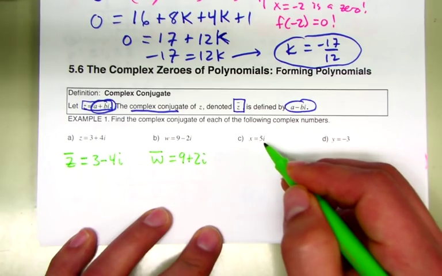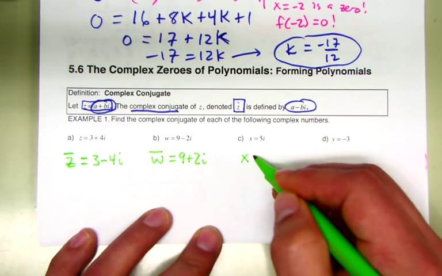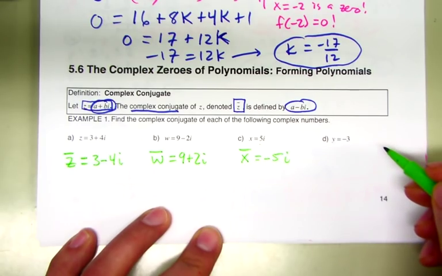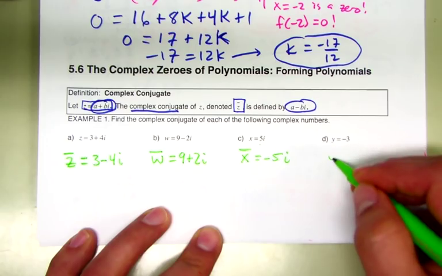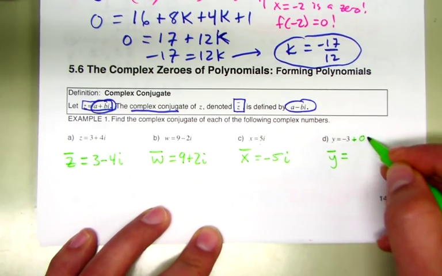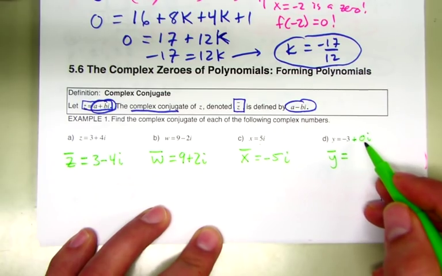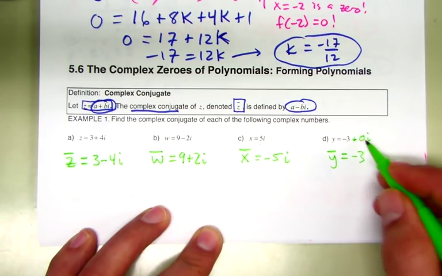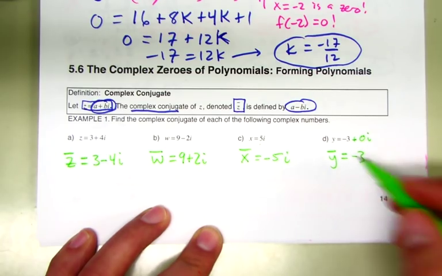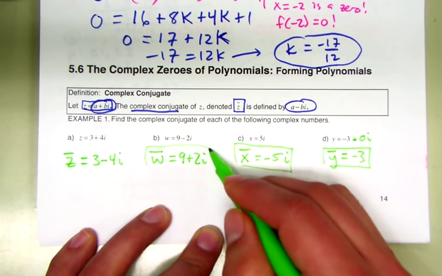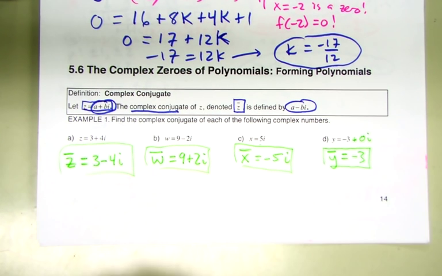Okay, here for c, the opposite of the imaginary term would be negative 5i. For y, the complex conjugate, here there really is no imaginary term. I mean, we could write plus 0i, and then it would be negative 3 minus 0i, but 0 times i is nothing. So here's your complex conjugates for these 4 problems. Okay? So that's a little bit of background that you're going to need going forward.